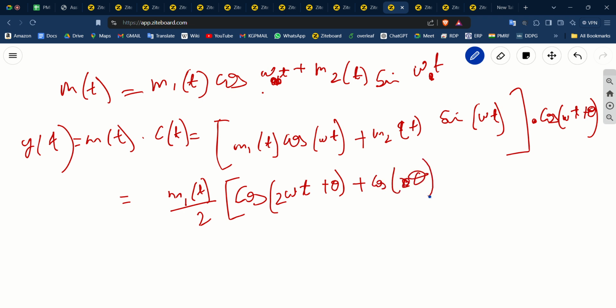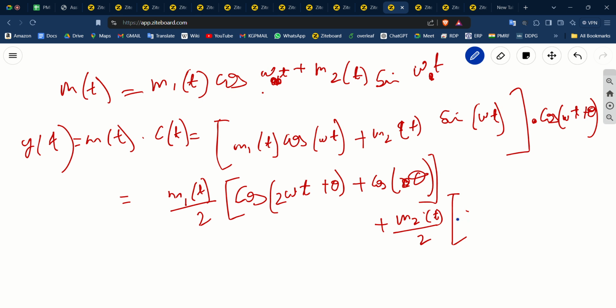So cos theta, since omega t plus theta minus omega t gives theta. And another is m2(t) by 2 times 2 sin omega t cos(omega t plus theta), which is 2 sin a cos b.